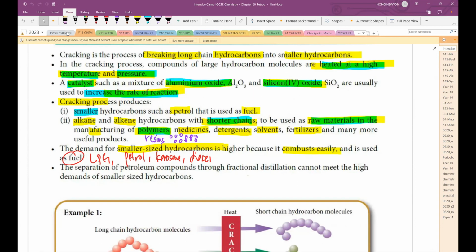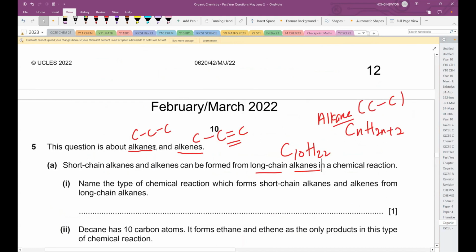Now come back to this question. What is the process? Our answer straight away we can write down: cracking. Because it says long chain alkane to short chain alkane and alkenes.